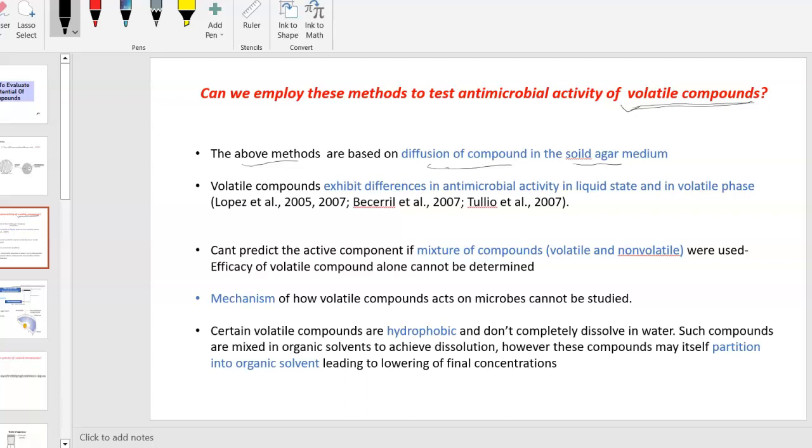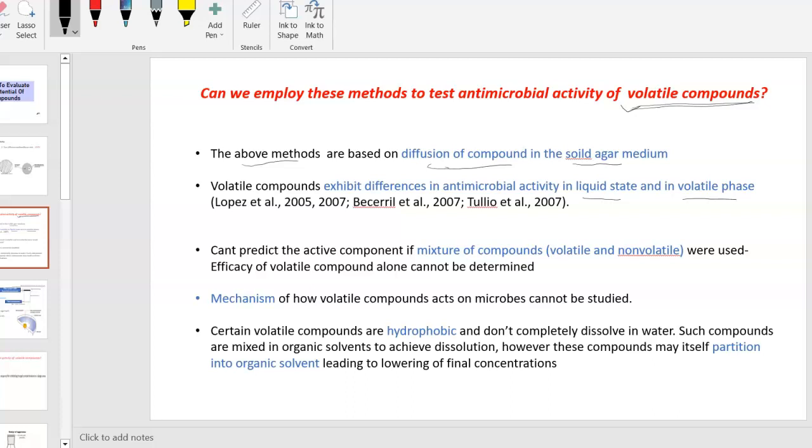Volatile compounds exhibit differences in antimicrobial activity in liquid state and in volatile phase. I mean to say that when volatile compounds are in liquid state, they behave differently, and when they move into the volatile phase, their activity can be different.